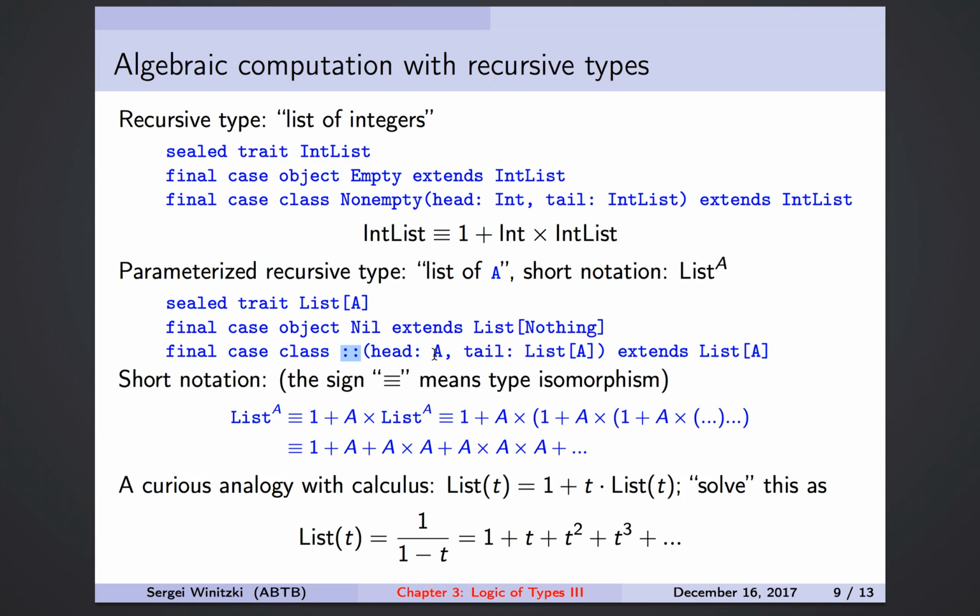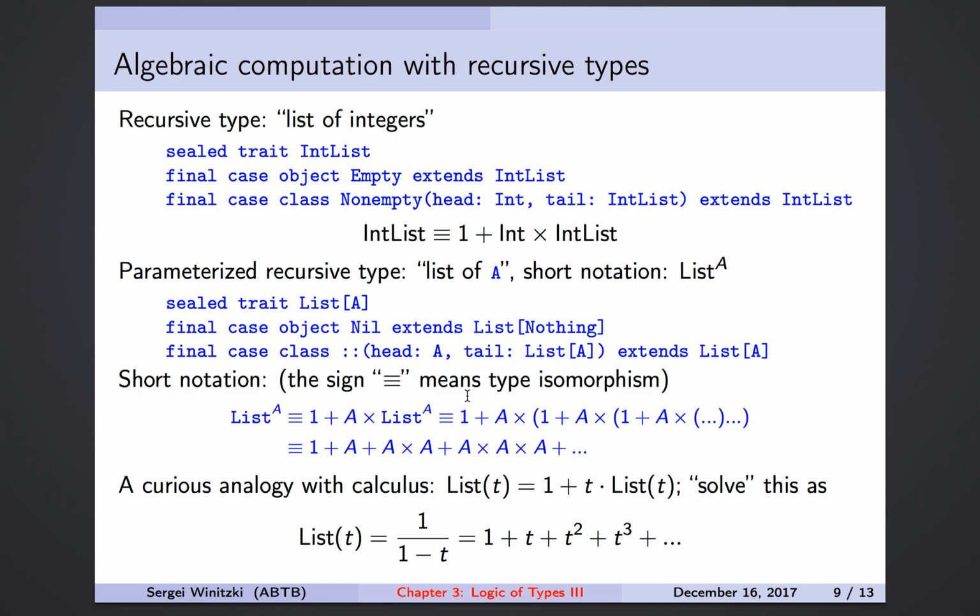So it has, again, exactly the same structure as this list, except that it's using the type parameter now for the value instead of Int, and it refers to List of A recursively, extending List of A. The short notation for this thing is this.